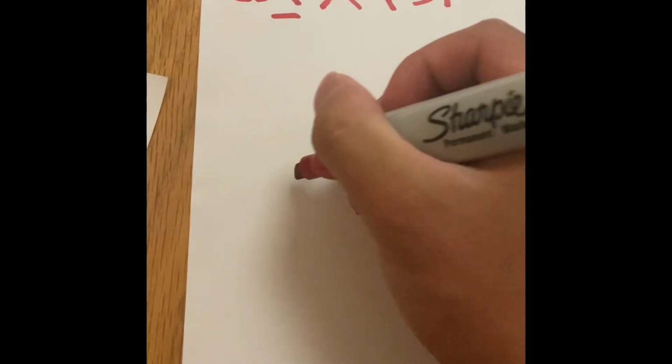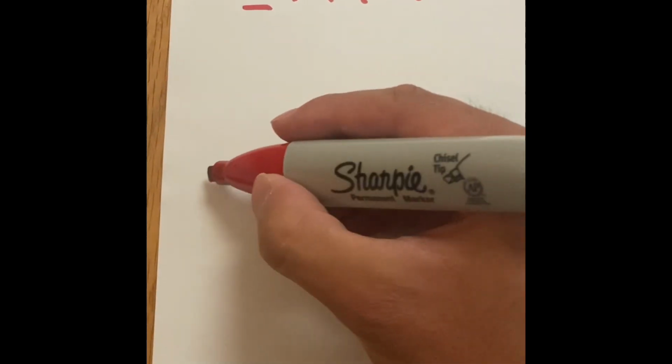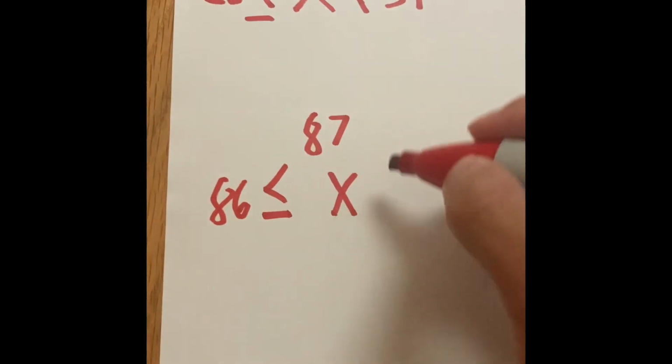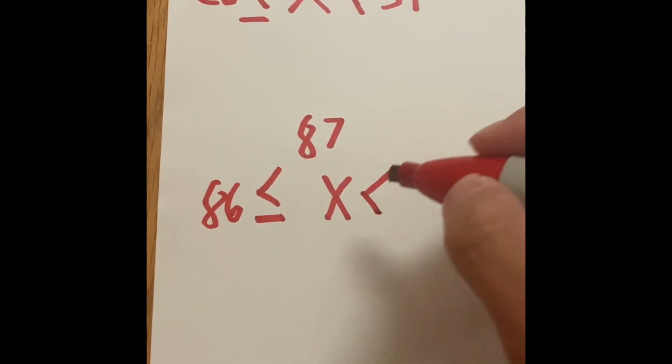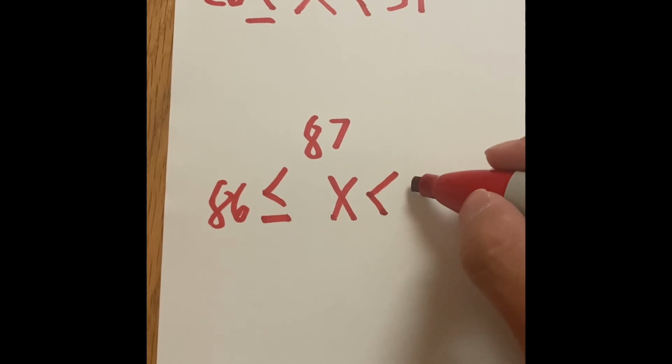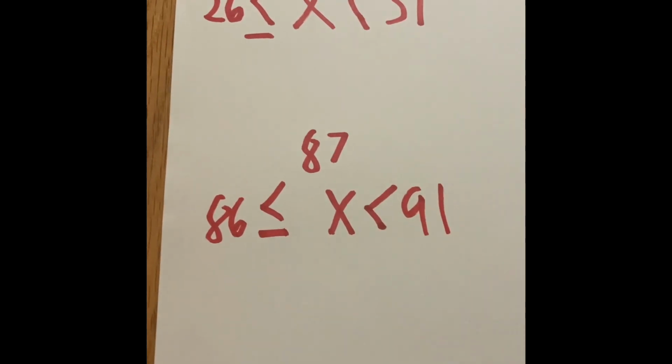So what we're going to do is say X has to be greater or equal to 86. And then X is going to be less than, the higher restriction is 91. So it has to be less than 91.